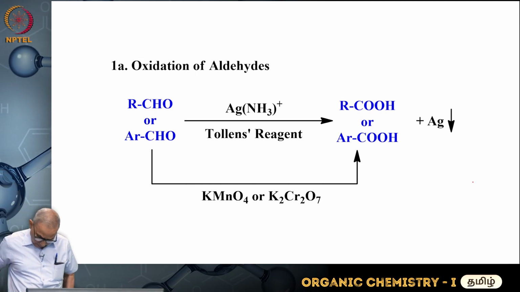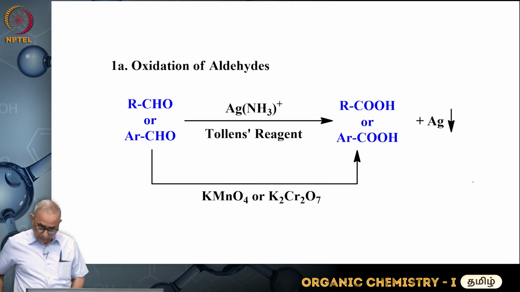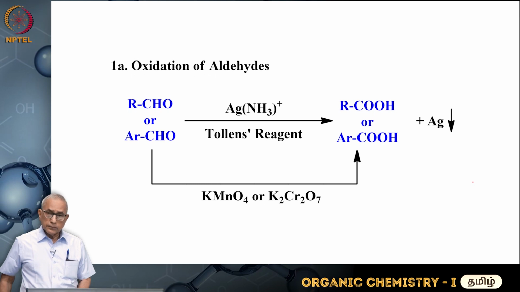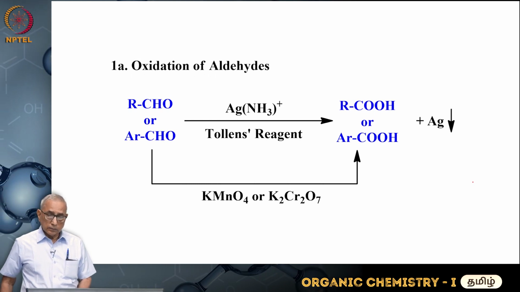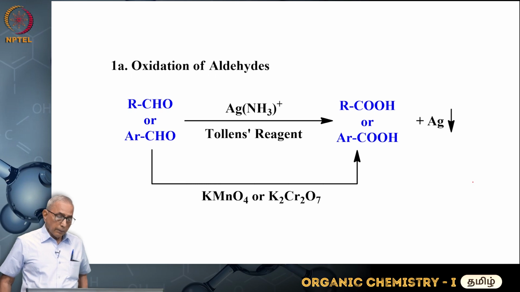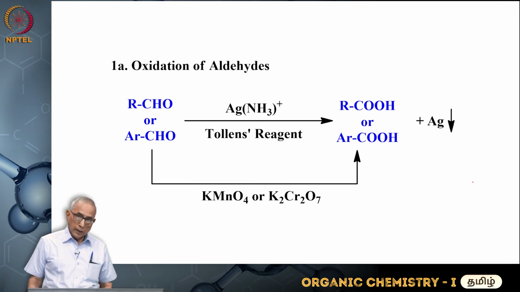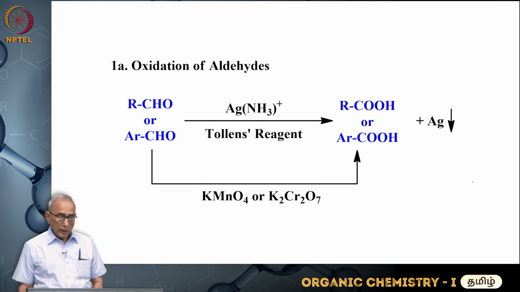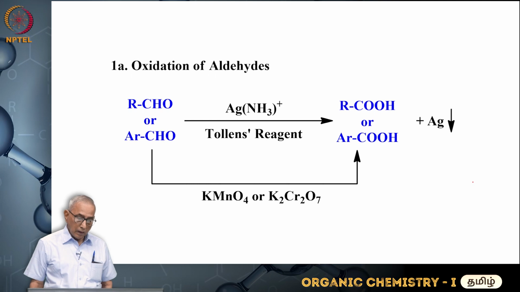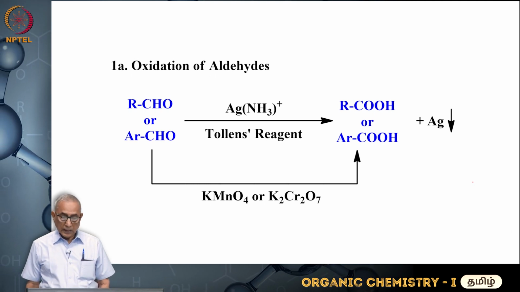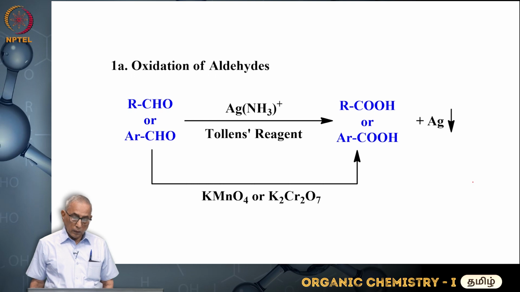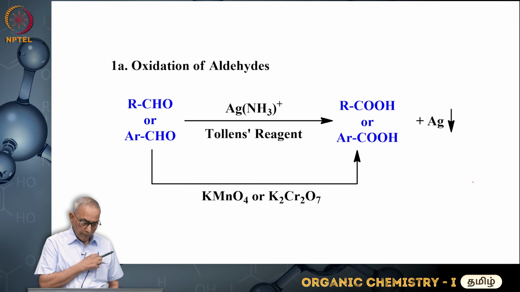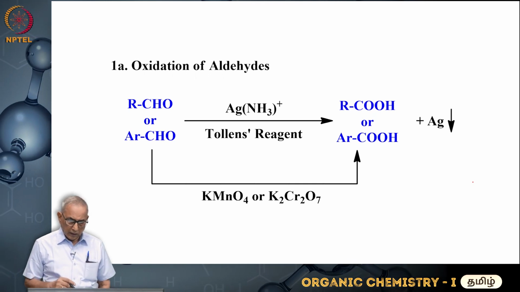We looked at various methods of preparing aldehydes by selective oxidation and selective reduction, and the preparation of ketones by oxidation of secondary alcohols and also using lithium dimethyl copper reacting with acid chloride. Now, we will look at some chemical properties of aldehydes and ketones. First, we will take the aldehydes.